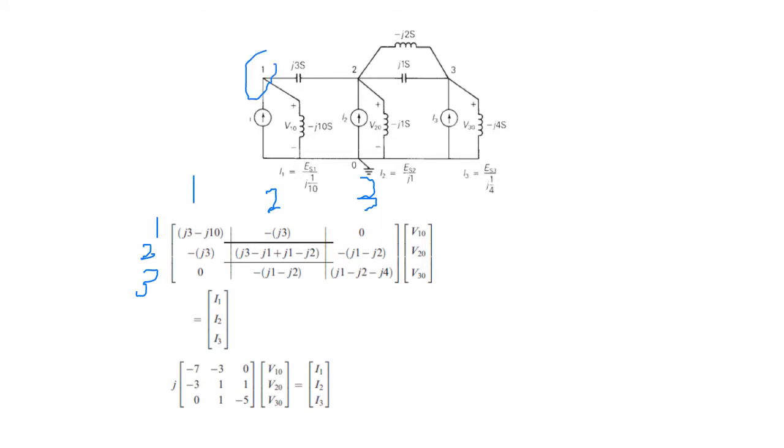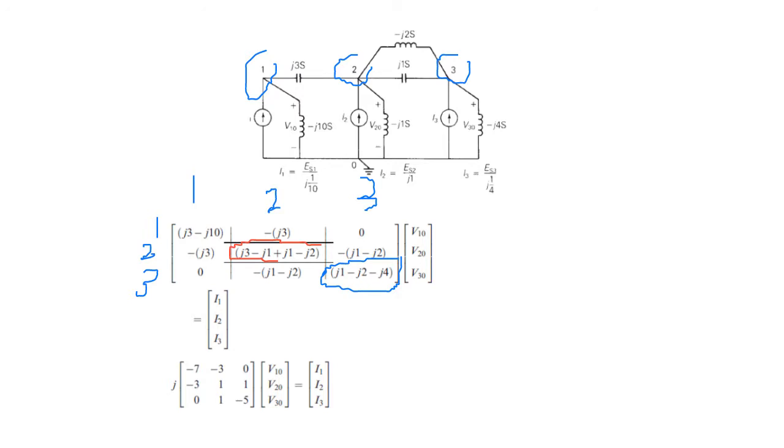This circuit here, we call them nodes. So we're talking about nodes or buses. With 3 buses, we will have 3 by 3, which is 9 elements. If you want Y22, you go from 2 to 2, so it's this one.